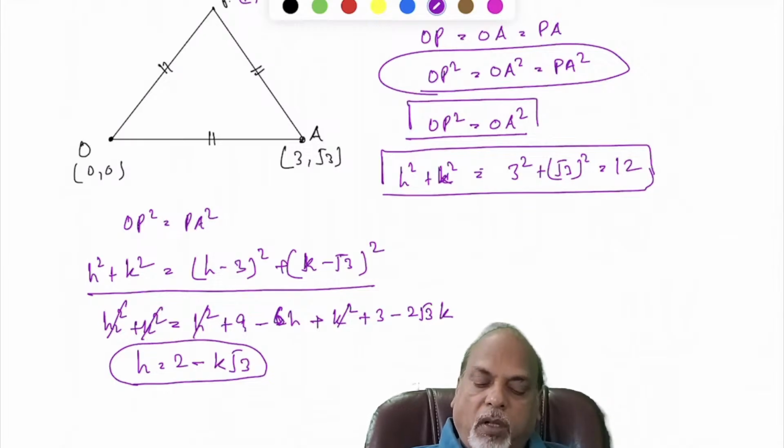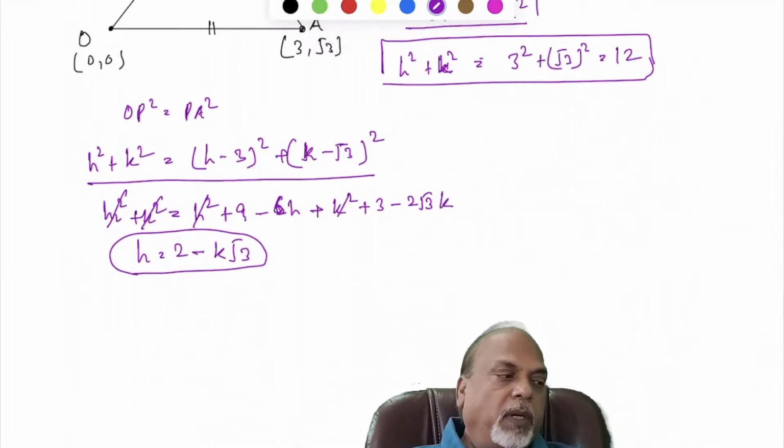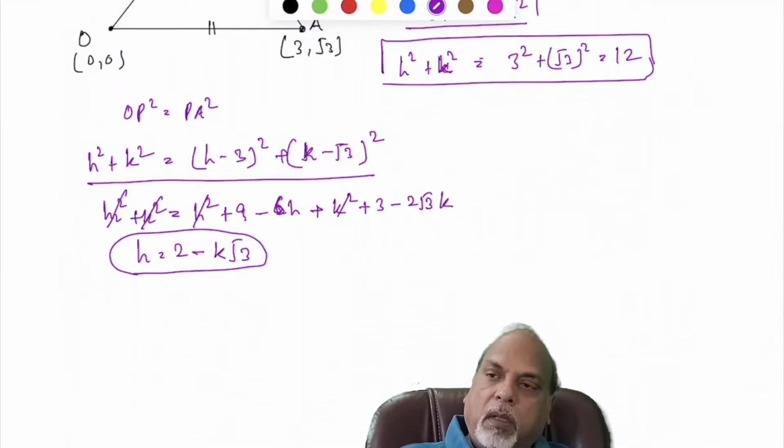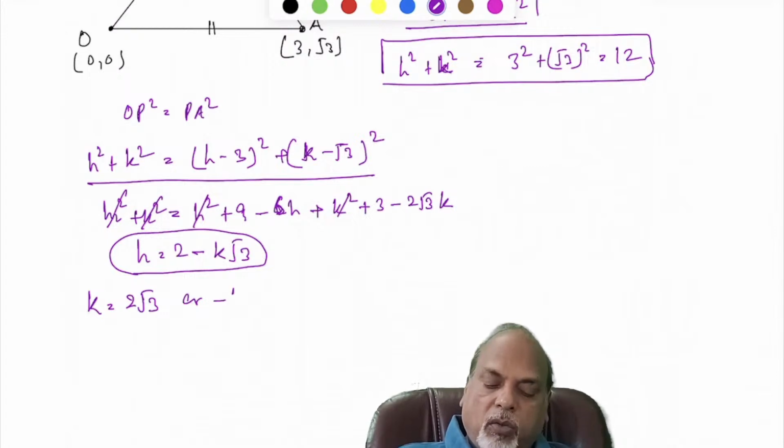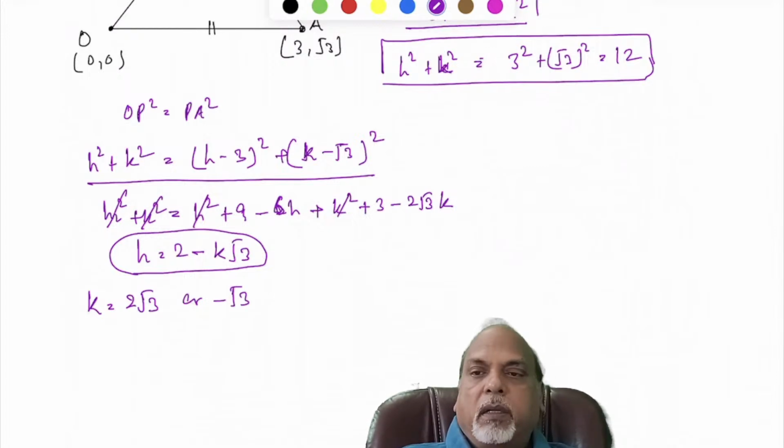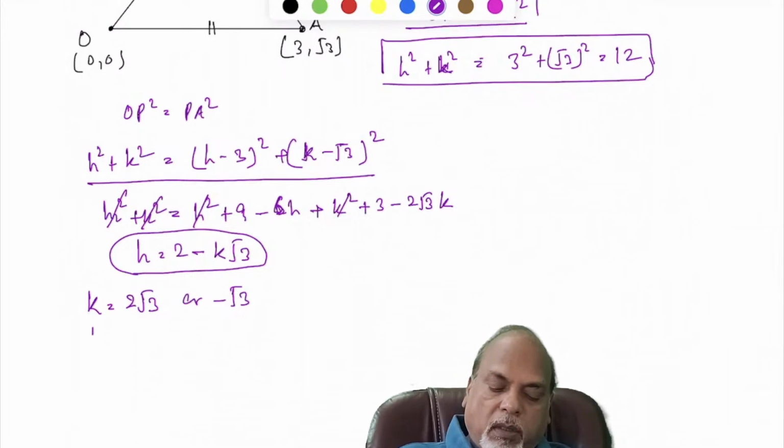And if you solve this quadratic equation, let me tell you, you will get K as 2 root 3 or minus root 3, and H as 0 or 3. So these are the combinations.